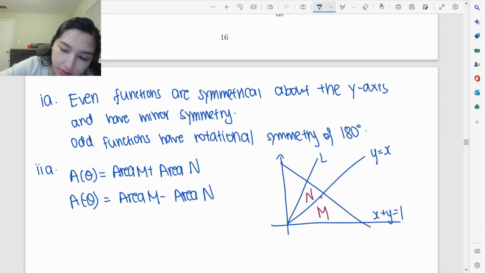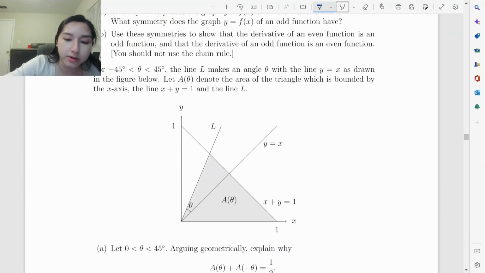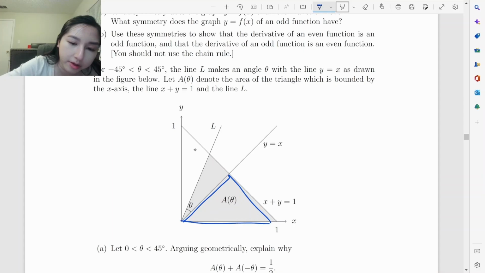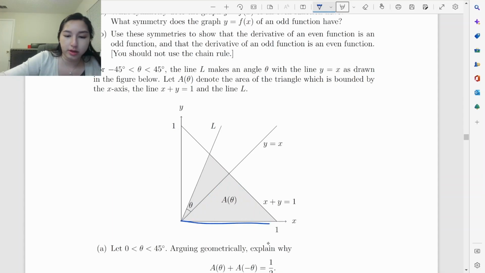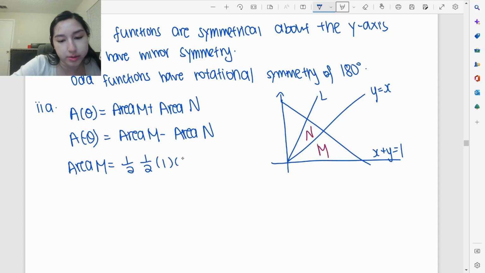This is perpendicular. Area M is half of the big triangle, and using half times base times height, area M is half of half times 1.